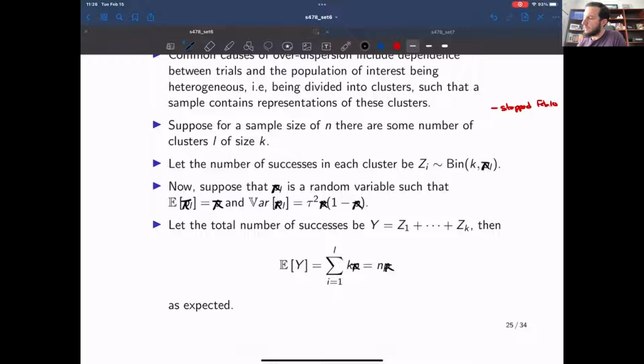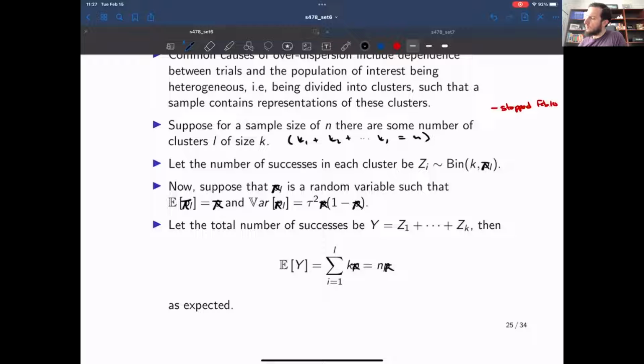Suppose that we have a sample of size n, and within that sample there are L clusters of size k. That just means that we have n observations, and there are little L groups of the n observations, so k1 plus k2 plus up to kL is equal to little n.